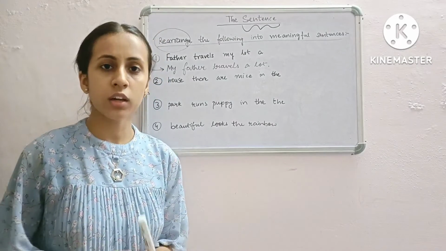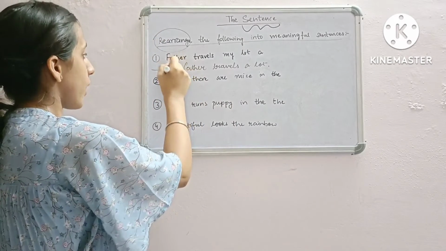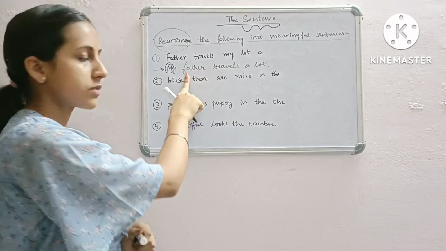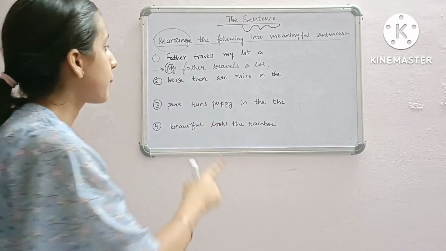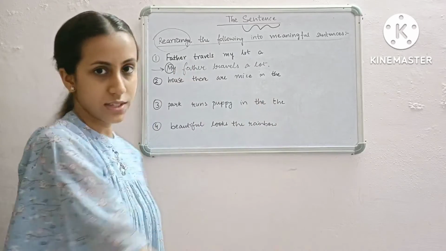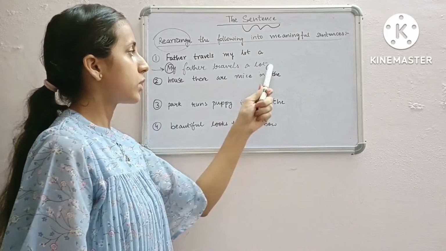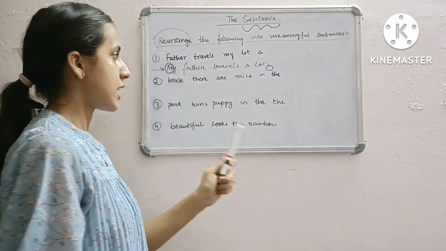So can you tell me why? It is because M is capital. Now the F of the father won't be capital. Why? Because it's not the first word of the sentence. Okay, it's always like that. And the second rule is also being obeyed with the period or the full stop at the end.